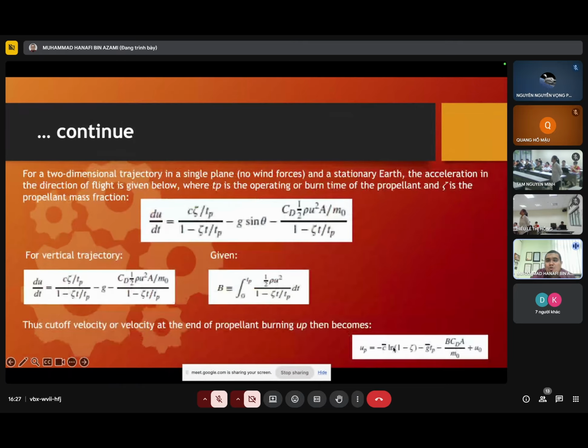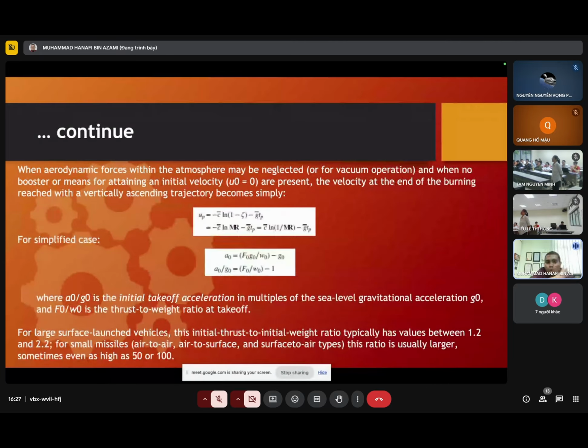But, brothers and sisters, if you have no atmospheric drag, for example in vacuum operation, and when no booster or means for attaining initial velocity is present, so u naught is equal to zero, then the velocity at the end of burning for the vertical ascending trajectory becomes simply this.